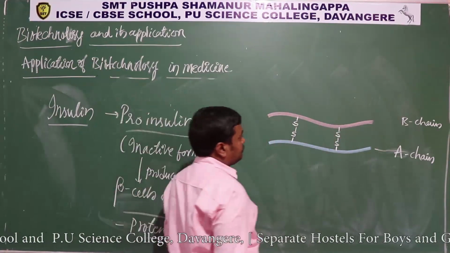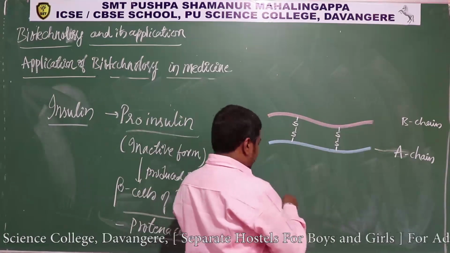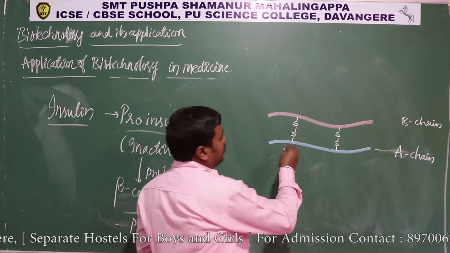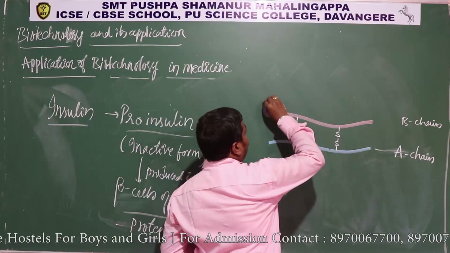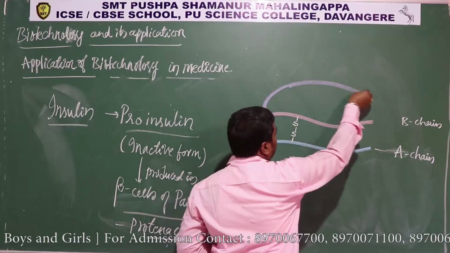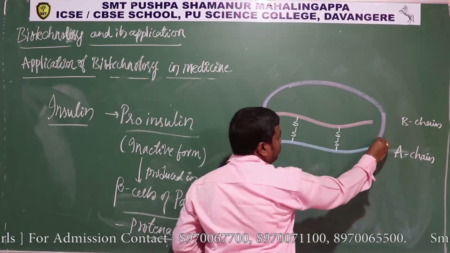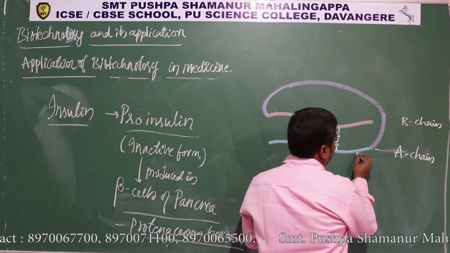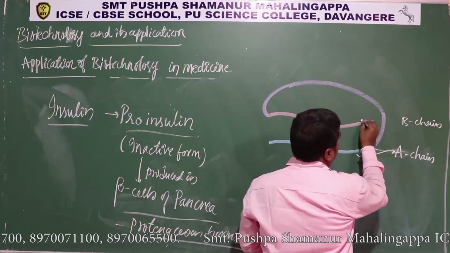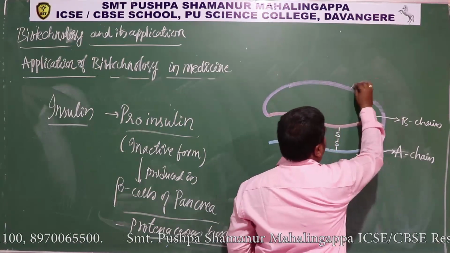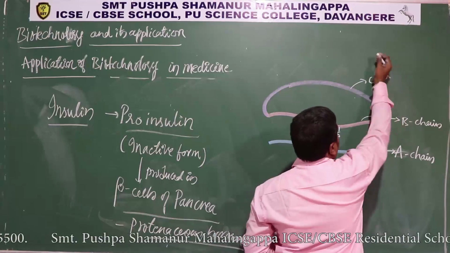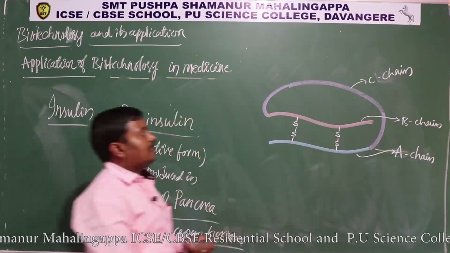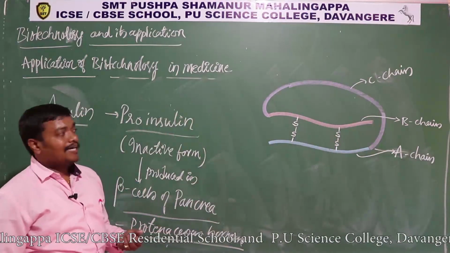Okay, then this A chain and B chain, they are joined together. ಈ A chain ಮತ್ತು B chainಗಳು they are linked together like this. Okay, so let me write this A chain. This is A chain. This is B chain, and this is called C chain. ನೋಡಿ, 3 ಚೈನ್ಗಳಾಯಿತು, A chain, B chain and C chain.